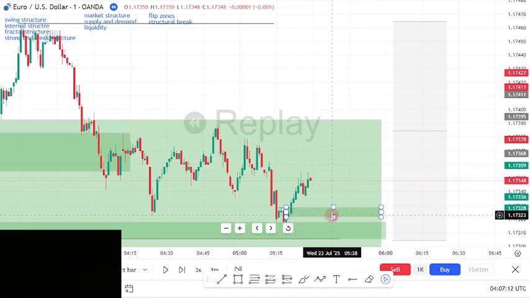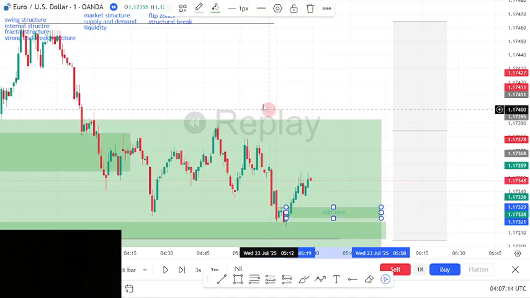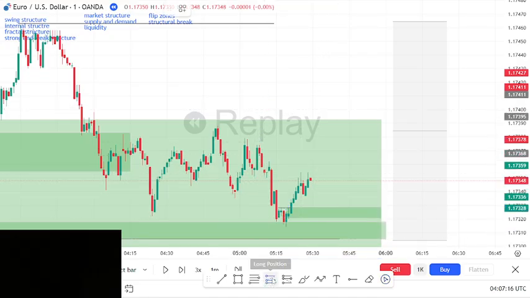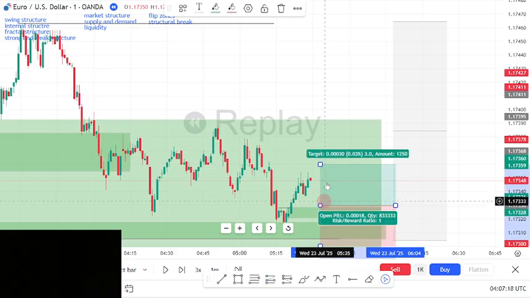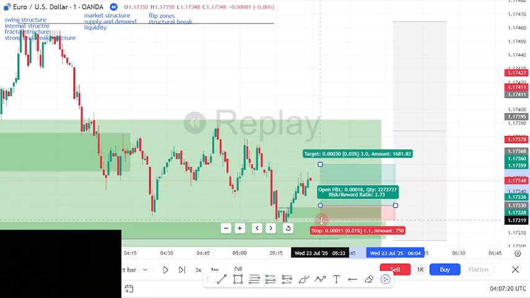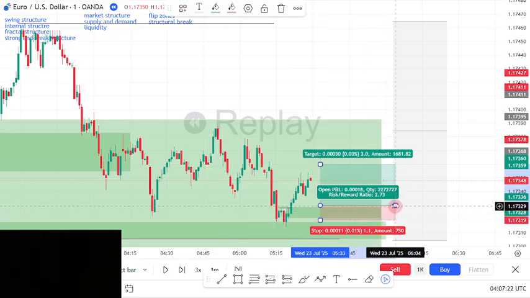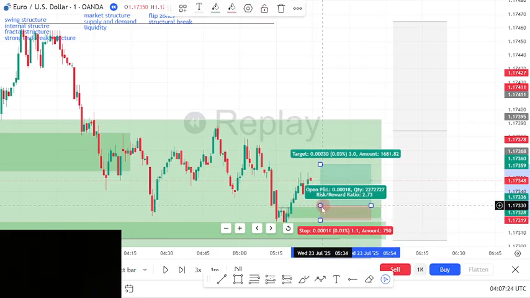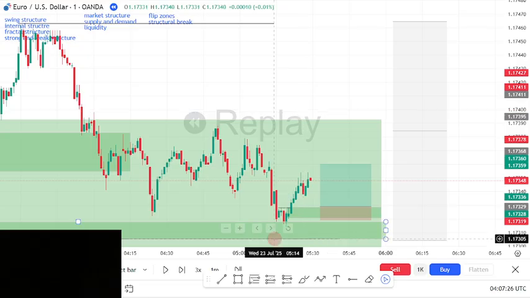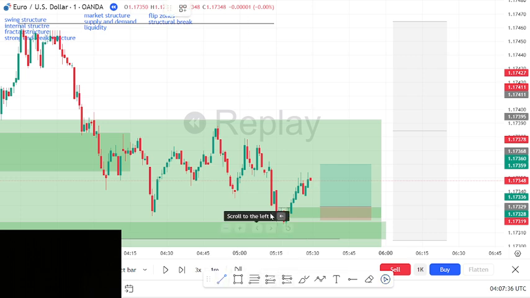I think here is an area where if I'm looking for a long, I can long from here, or I can wait for price to tap into this for the 1 minute to also switch bullish. Because the internal 1 minute fractal structure has switched bullish.